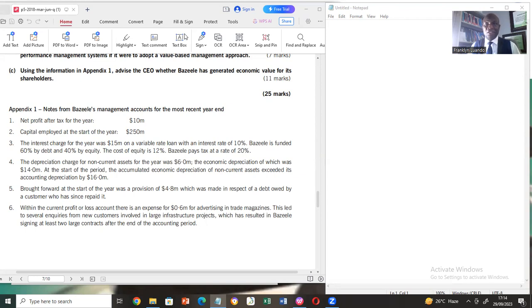And then I'll also explain how the economic capital employed is calculated for the purpose of calculating the economic charge. I'll also explain how the NOPAT is calculated. That is the net operating profit after tax. That is the one which is closest to cash.